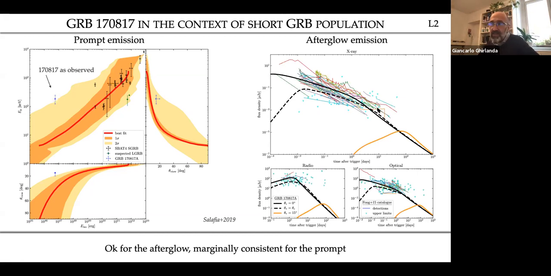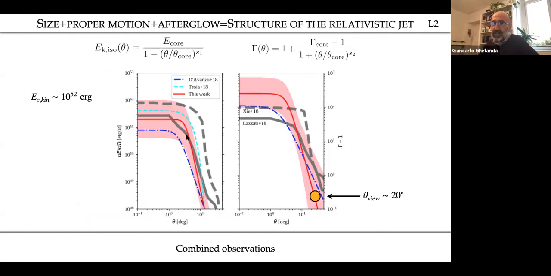If you look here, let's say this is the viewing angle of 170817, and most of the short GRBs we know about have been observed with a viewing angle which samples this part of the bulk coherence factor and this part of the energy, so within the core. This is the opening angle of the core, 3.5 degrees.